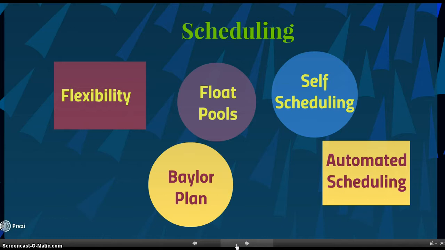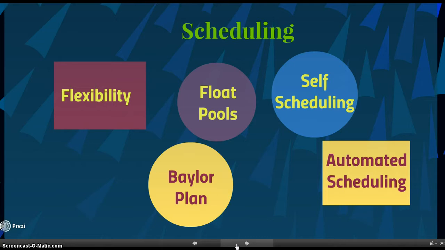And then you have centralized and decentralized scheduling within that. Centralized is where you have float pool staff that can go all over the hospital, and decentralized is when they only go to particular units, such as Lehigh Valley, which has its own intensive care float pool staff, and also its own labor and delivery float pool staff, and they only float between those units.